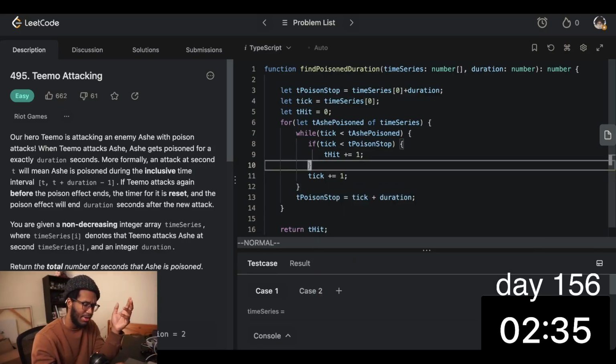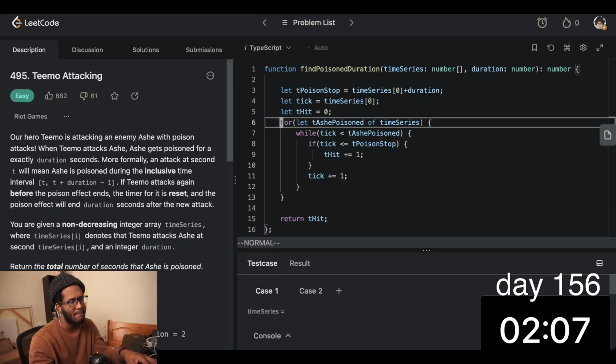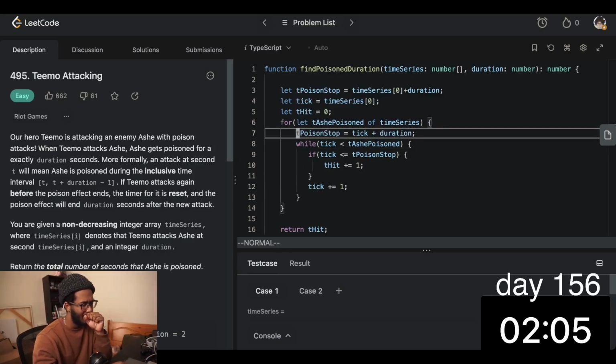You do tick plus equals 1, and then we stop. Now T would be equal to 3. And then we go T plus equals tick plus duration. Go to 4.